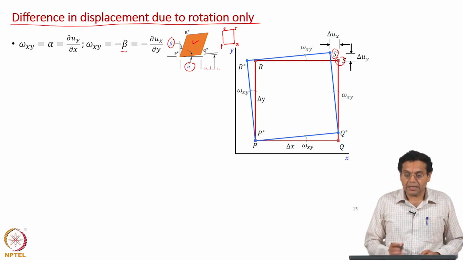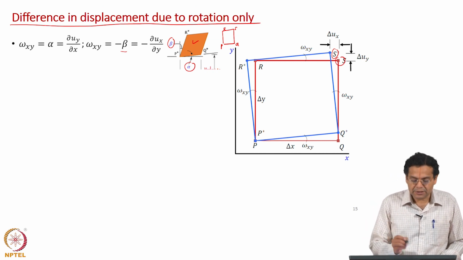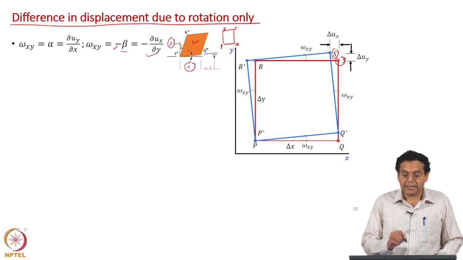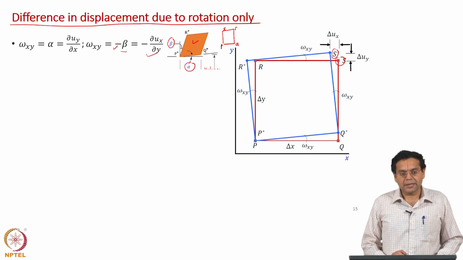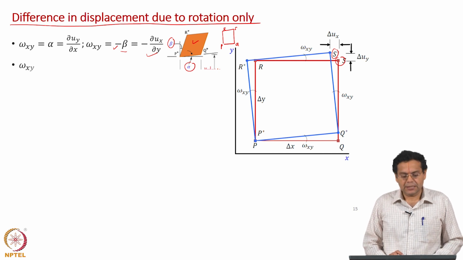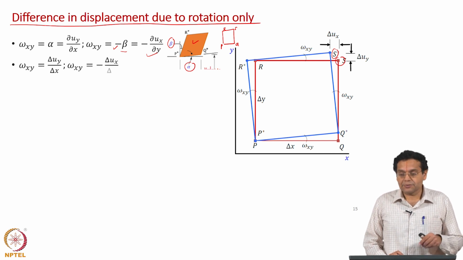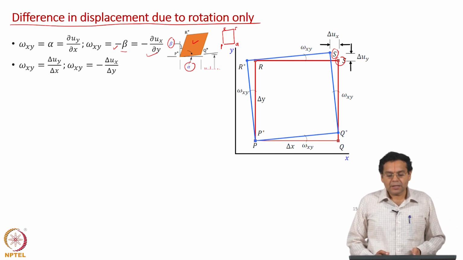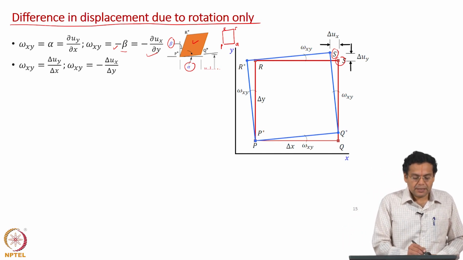Because we have taken clockwise as negative, we added a negative sign and related omega xy is equal to minus beta is equal to minus dou ux by dou y. Now, if you write in terms of differences, omega xy is equal to delta uy by delta x and omega xy is equal to minus delta ux by delta y. Is it okay?